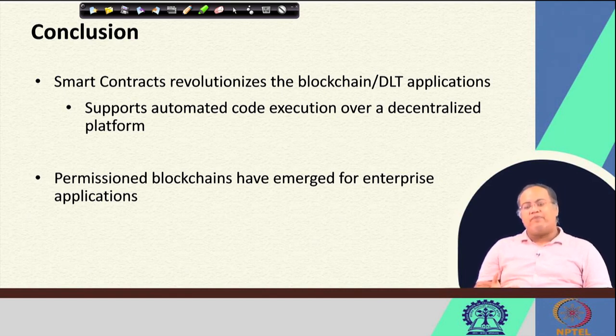Rather, you can take help of smart contracts and distributed applications to design different kinds of innovative applications or support transparency in existing systems like supply chain management, and you can do automated code execution over a decentralized platform. These permissioned blockchains have emerged for such enterprise applications.